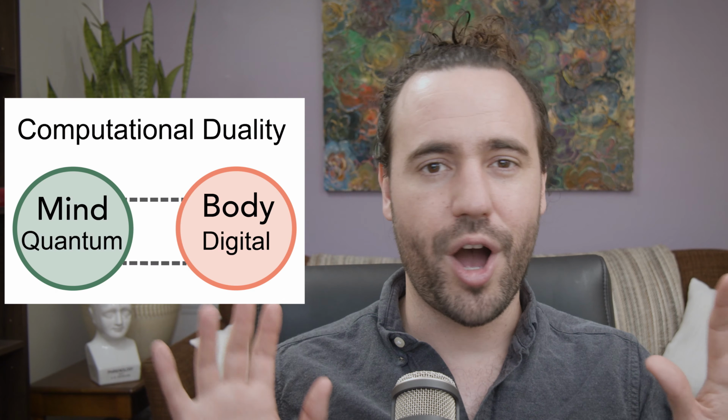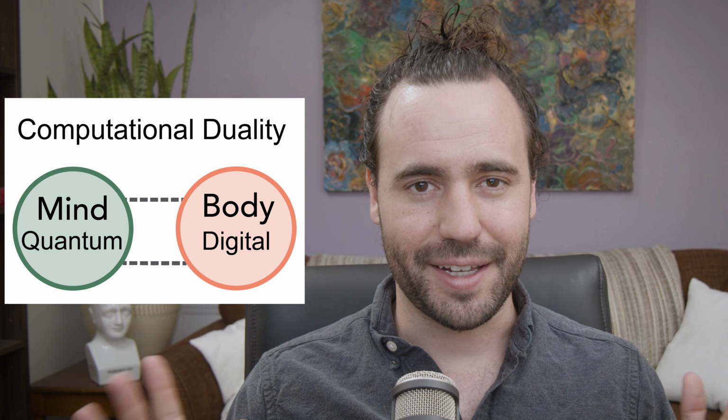However, I will pitch to you right now a sort of, I don't know what to call it, a strong quantum Bayesianism approach. And I'm not sure if anyone out there really supports this or if it's just me theorizing on this, but here we go. So I'm going to harken back to this mind-body dualism, quantum digital duality, right?